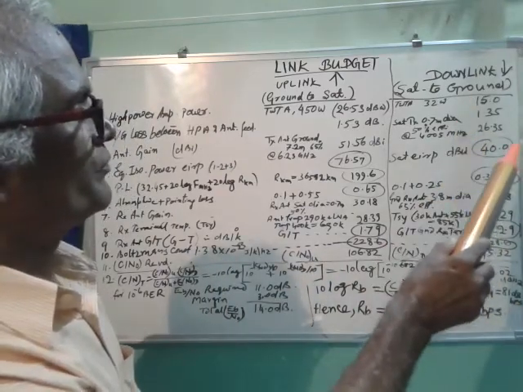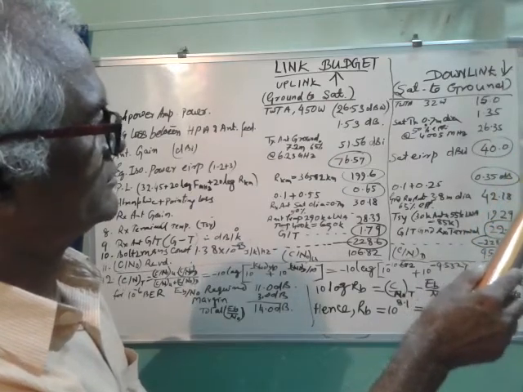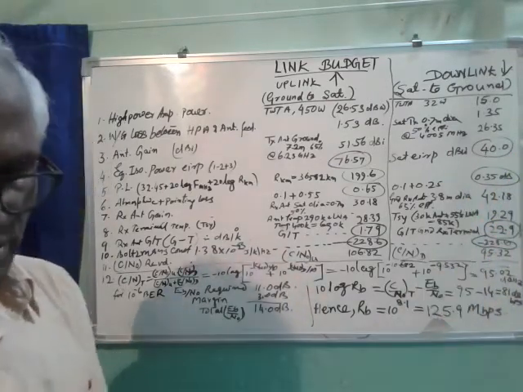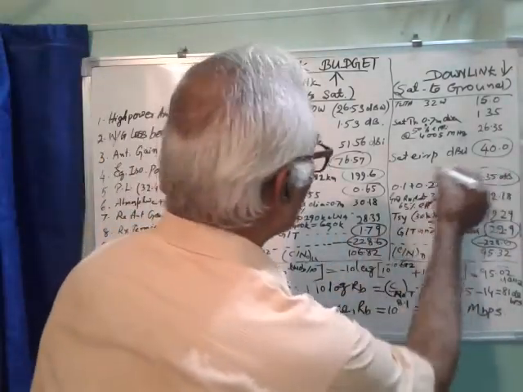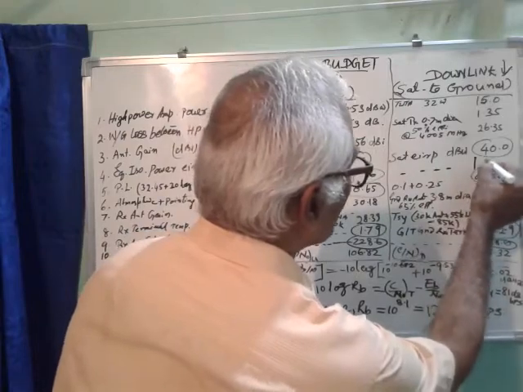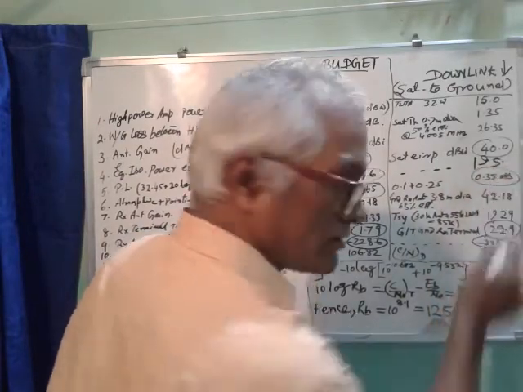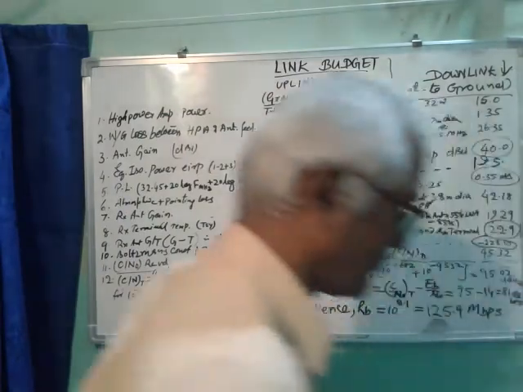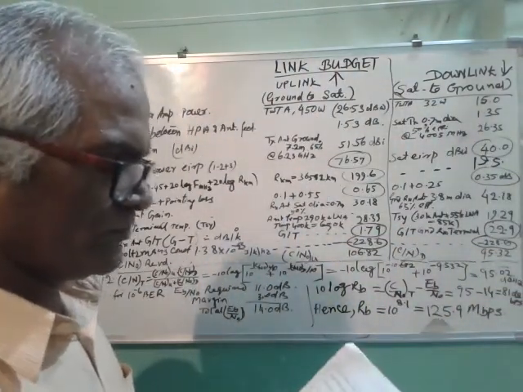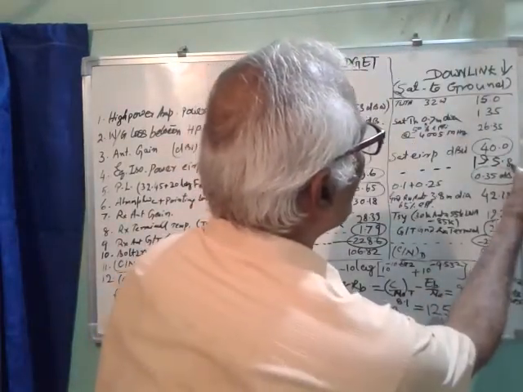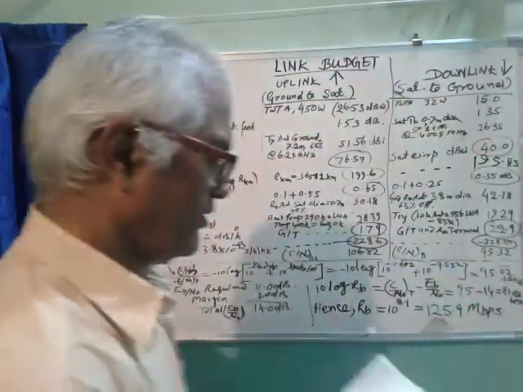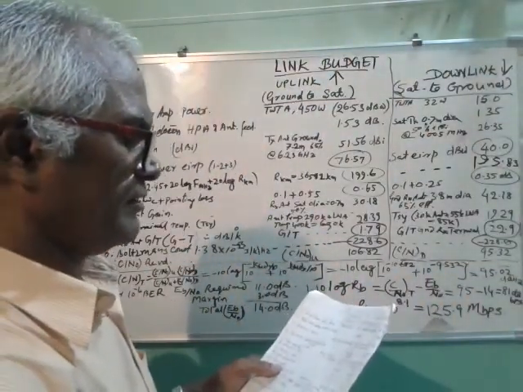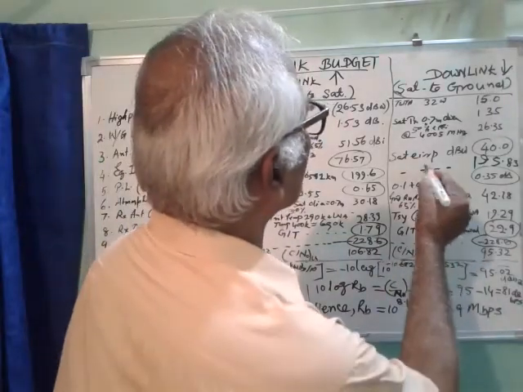ERP, and not path loss, excuse me, here the loss will be path loss 195.83, and here we have taken 37,000 kilometers distance.